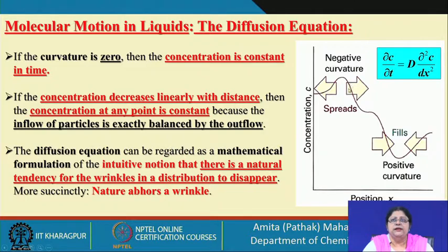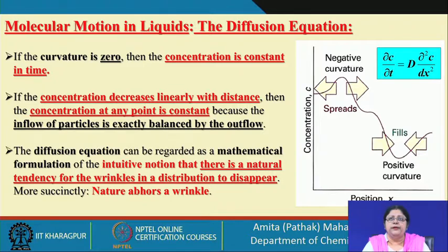This means that there is a negative change in concentration with time. What does it mean? It means that you have a heap, which is the wrinkle that is generated, and you are trying to get it uniform by spreading.